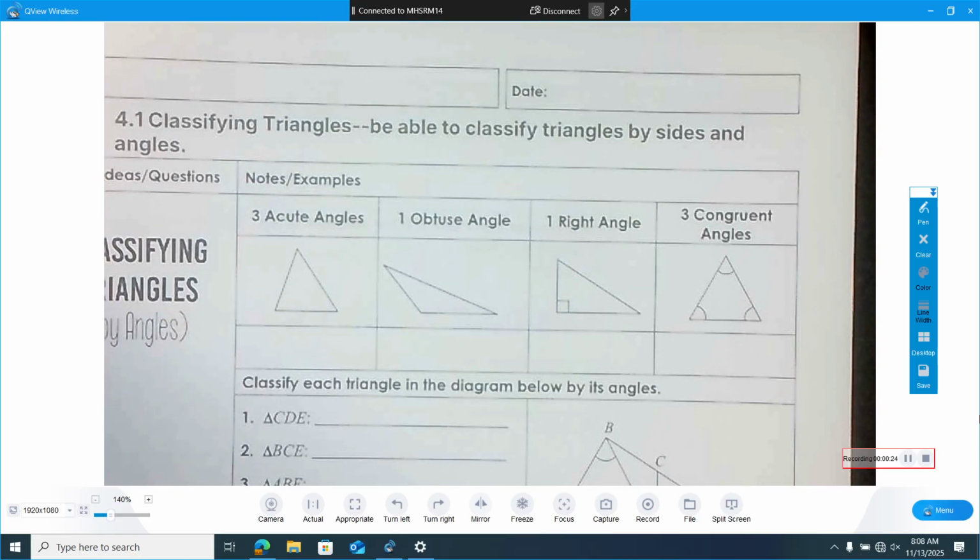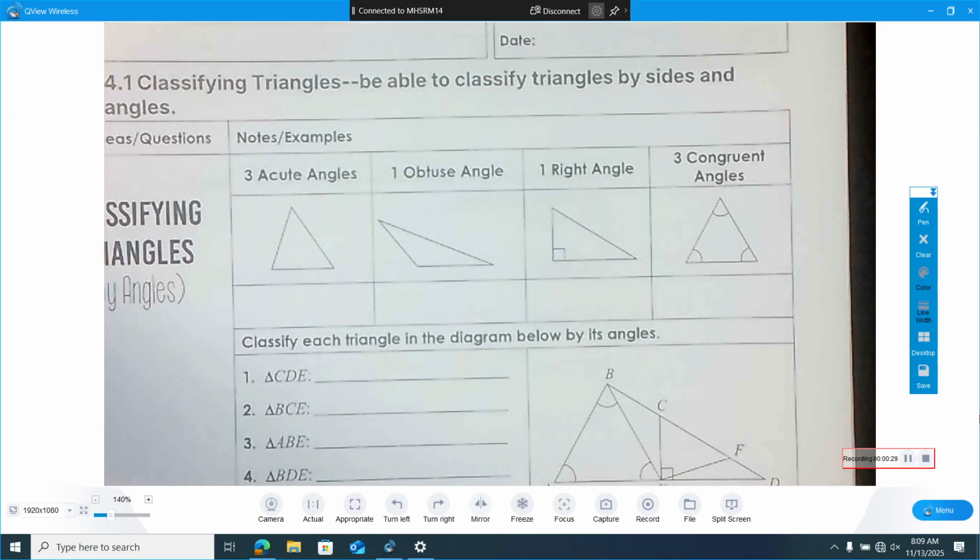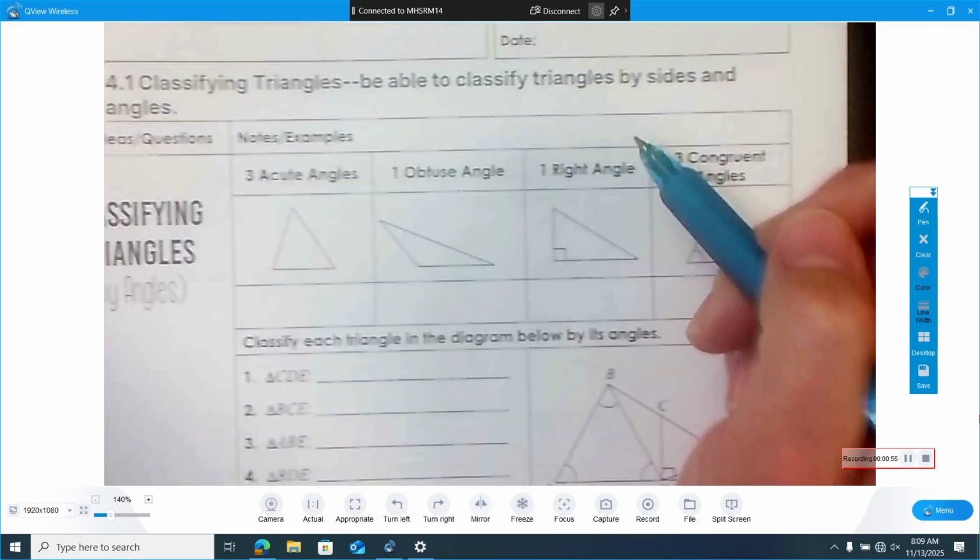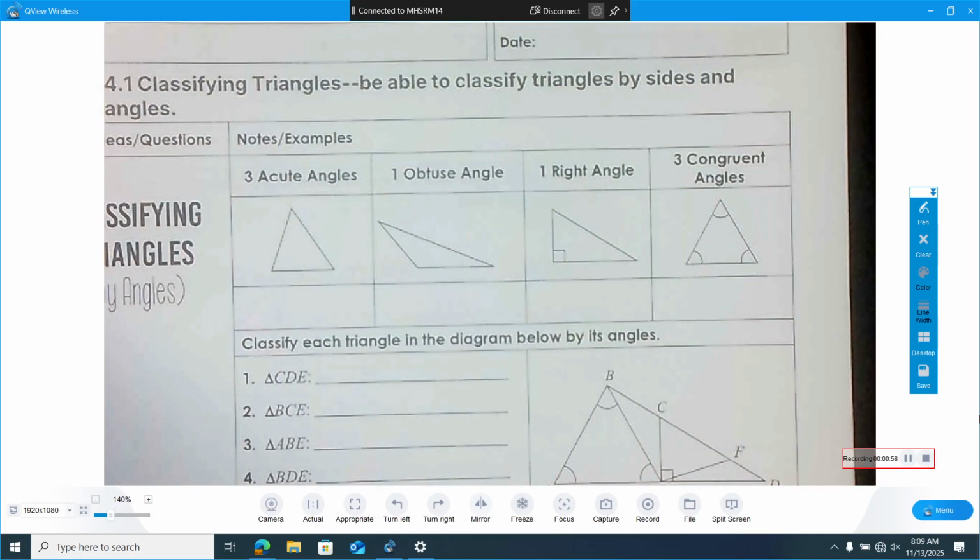What's more important is that triangles are the basis of everything in construction and architecture, and we can use triangles to prove so many different relationships. It's really neat when you have this background on being able to prove triangles congruent. We can prove all kinds of things are congruent once we know the triangles are. So it's really quite interesting. We're starting by classifying triangles by the sides and the angles.